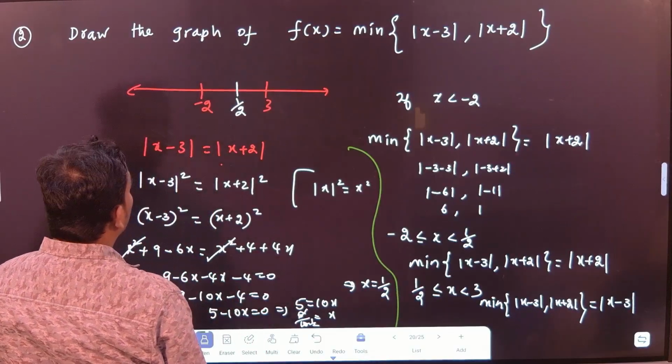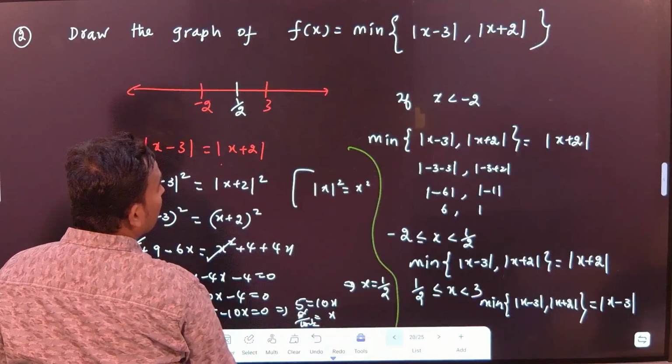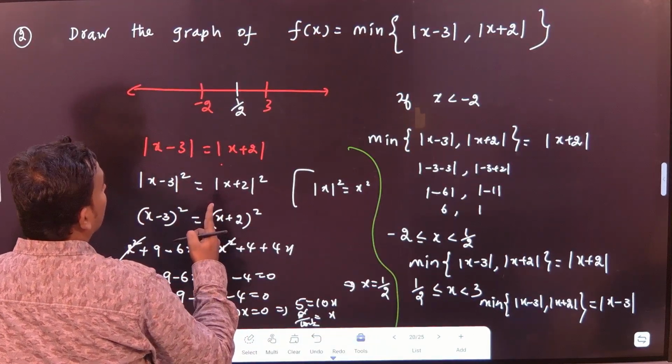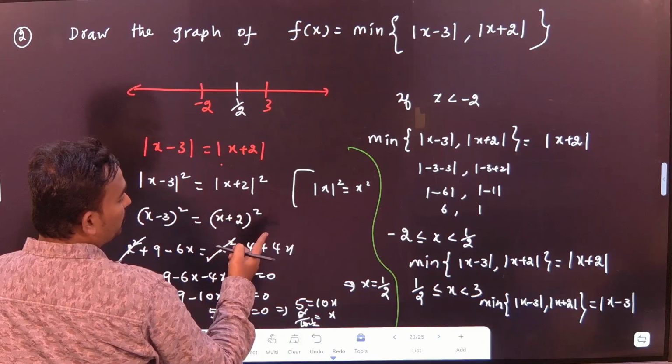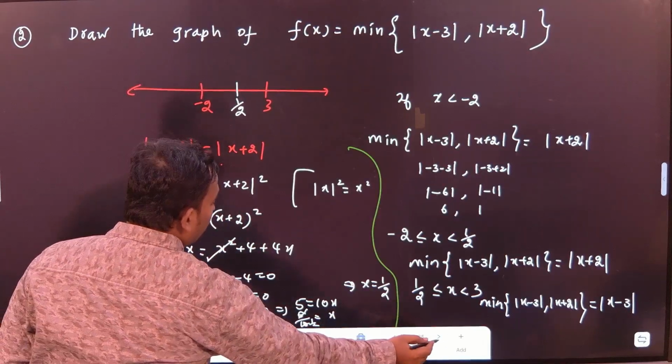Let me take one more interval. 1 by 2 to 3 is done. More than 3 you can take: x greater than or equal to 3. Is the minimum of |x - 3| or |x + 2|?